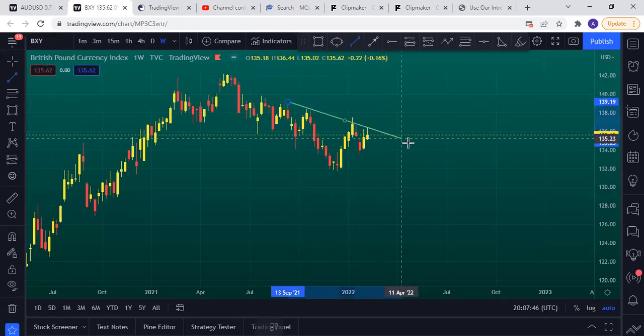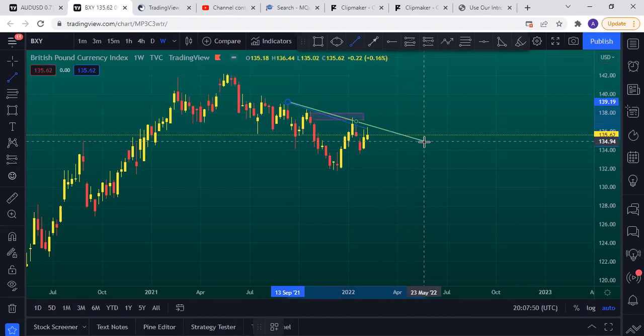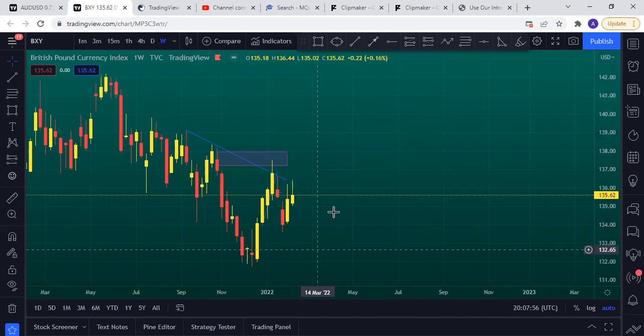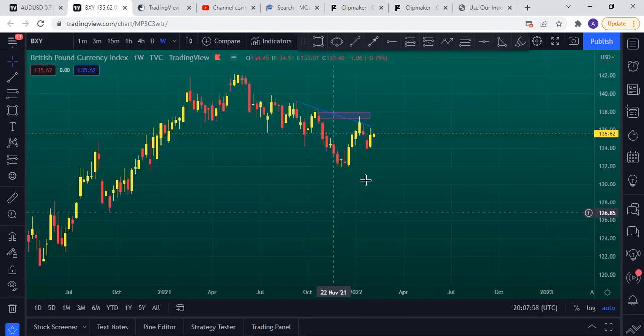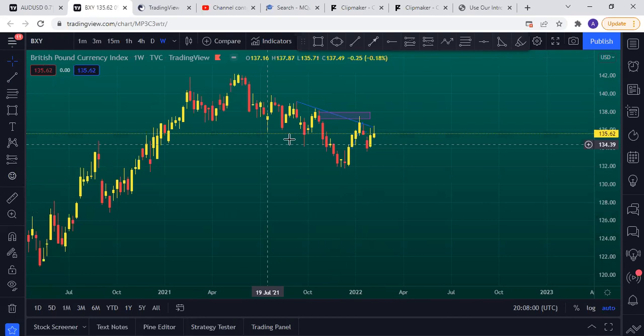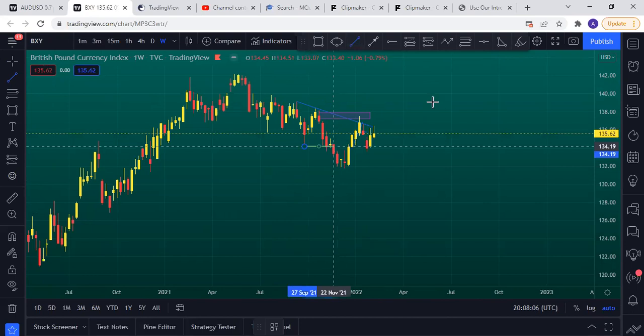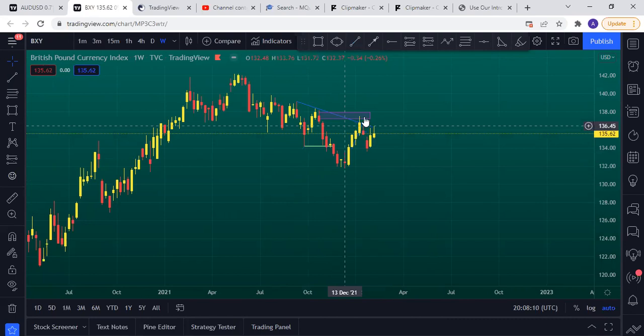Let's see. Okay, beautiful. I see that I already have a trend line there. Also on BXY, we might be seeing some bearish momentum because we've seen this change of character.